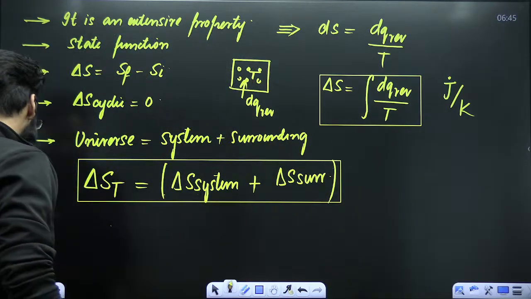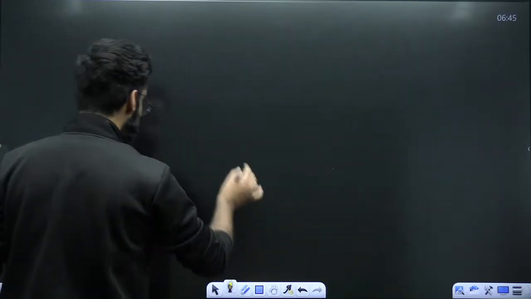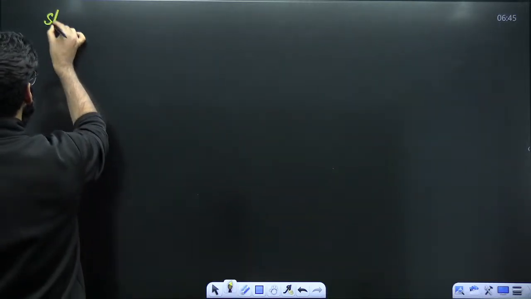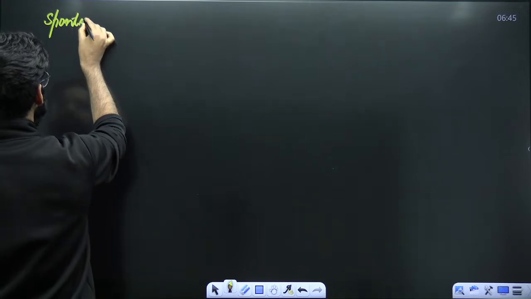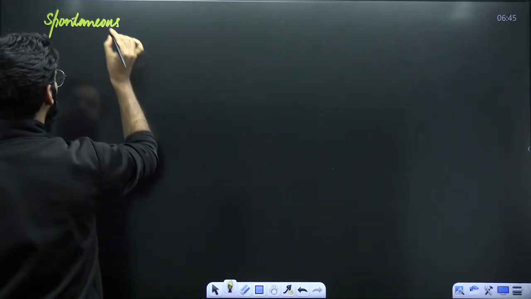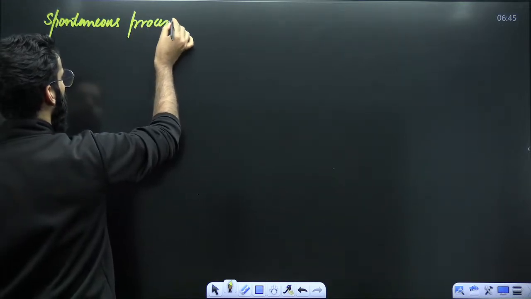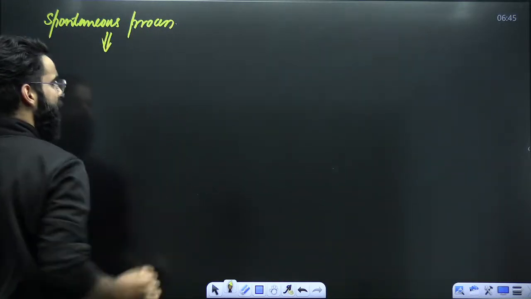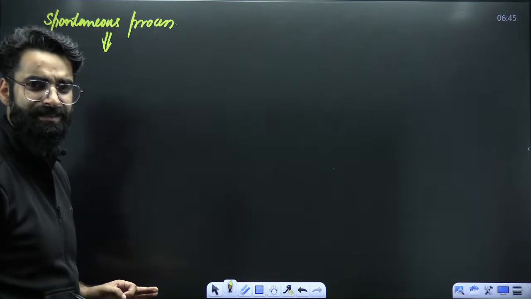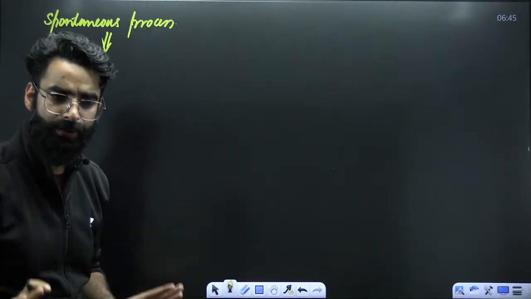Now people, try to understand a few more things. See, there is something called a spontaneous, non-spontaneous process. Do you know what are spontaneous and non-spontaneous processes? What is a spontaneous process basically? That process which happens on its own.